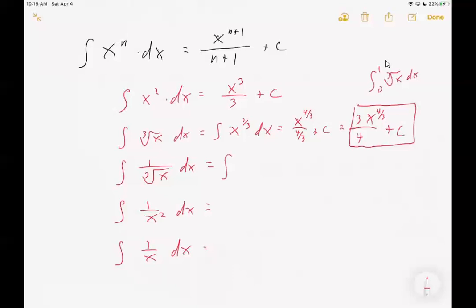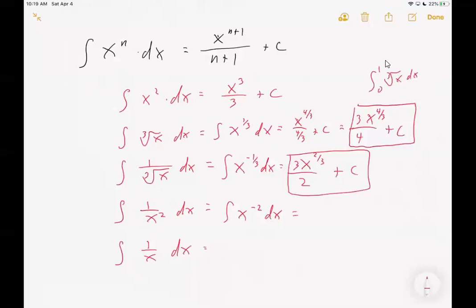This one would be x to the negative 1/3 dx. Be careful, you're adding 3/3 to negative 1/3, so that's x to the 2/3 when you raise it, and most of you are comfortable with, instead of dividing by 2/3, multiply by 3/2, gets you to the answer faster. This one, that's x to the negative 2.